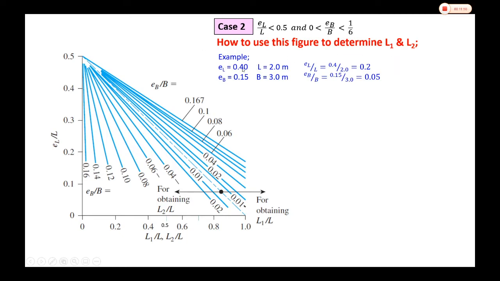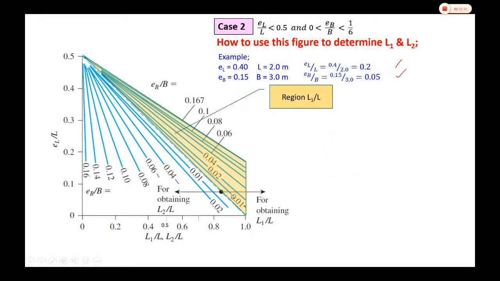We have an example data with the EL, EB, and the L and B, and the ratio of EL over L and EB over B. Now we have EL over L is 0.2 and EB over B is 0.05. Firstly, you look at the diagram. It's divided into 2.